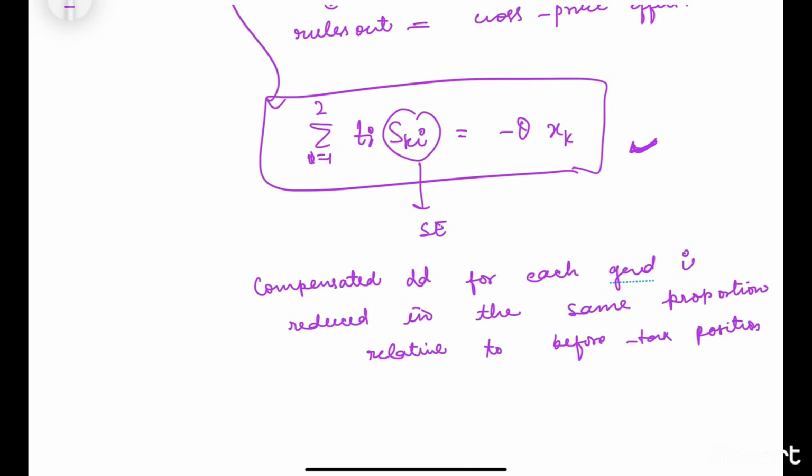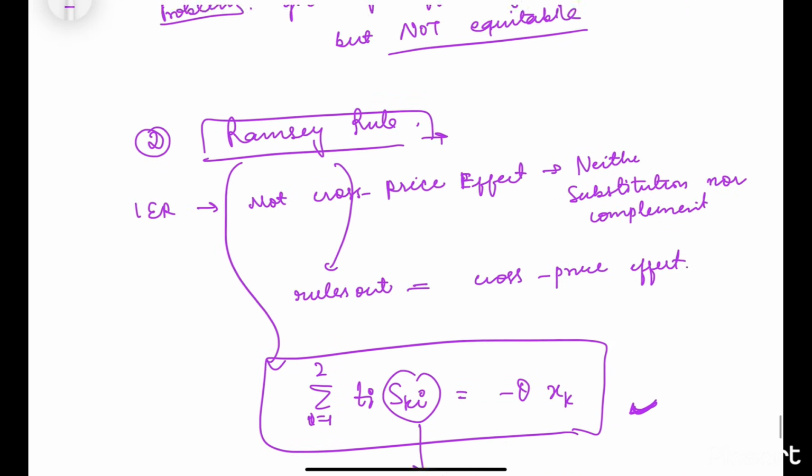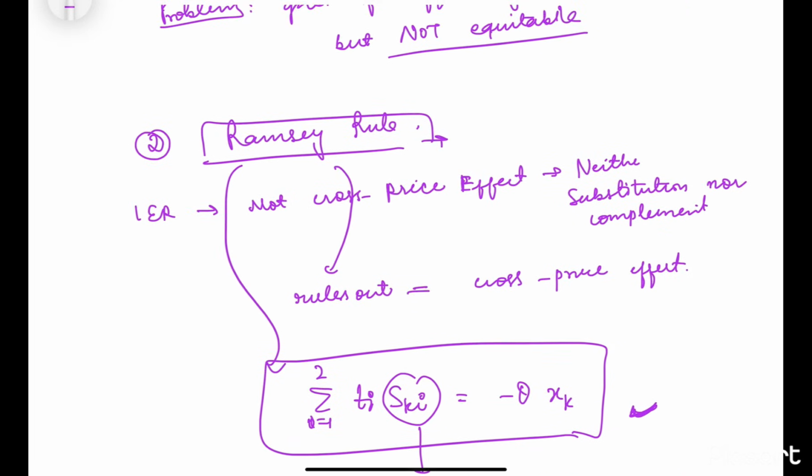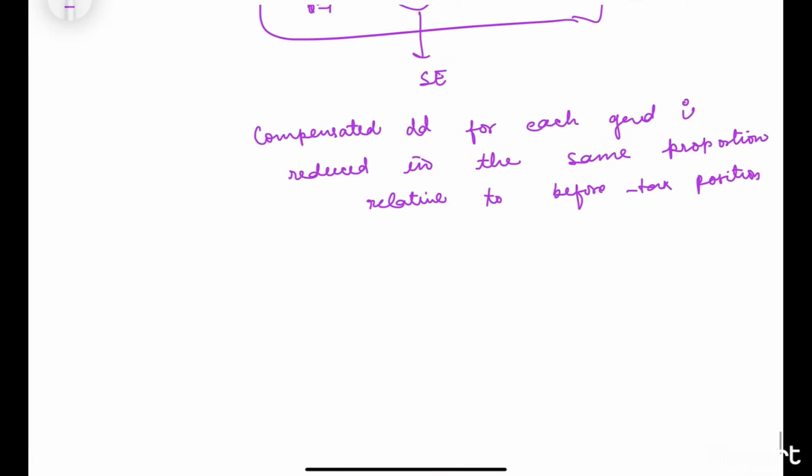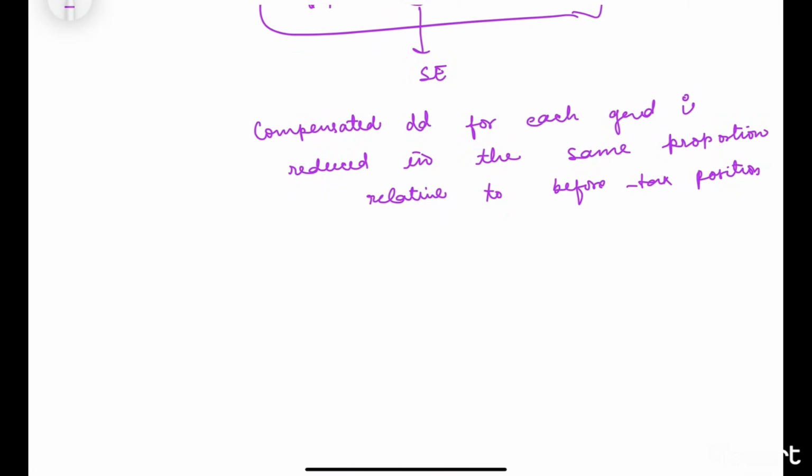Now if we understand this in much simpler words, the Ramsey rule is basically a principle for designing taxes that first of all minimize the deadweight loss while raising a given amount of revenue. So what is the core idea?